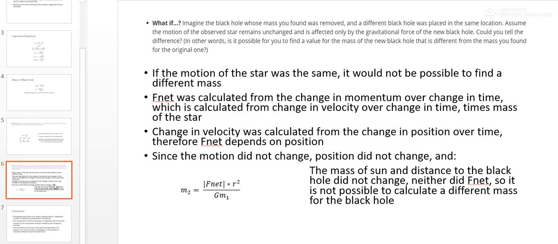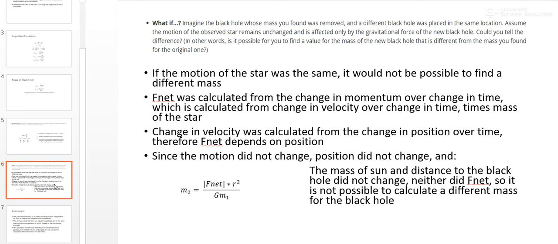If a different black hole was in position of the one in the experiment, it would not be possible to find a different mass, because Fnet was calculated from the change in momentum over change in time, which was found from the change in velocity, which was calculated by the change in position over change in time.